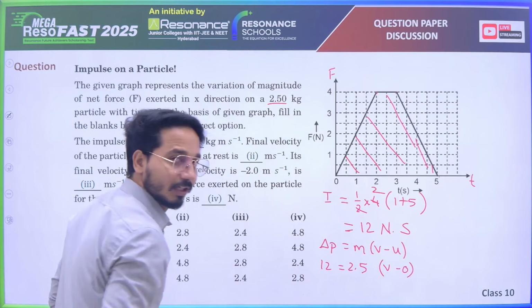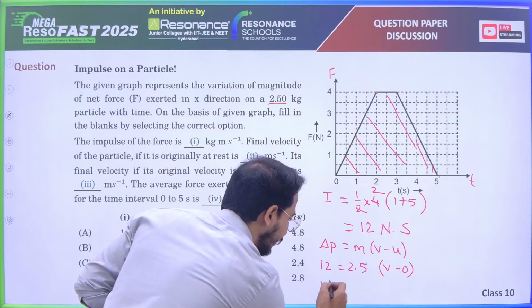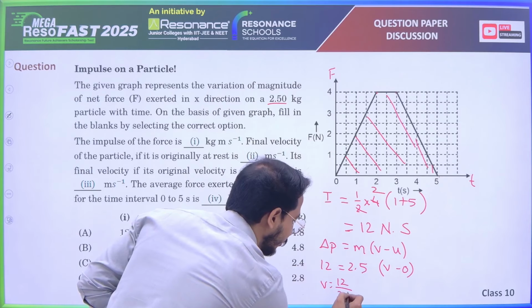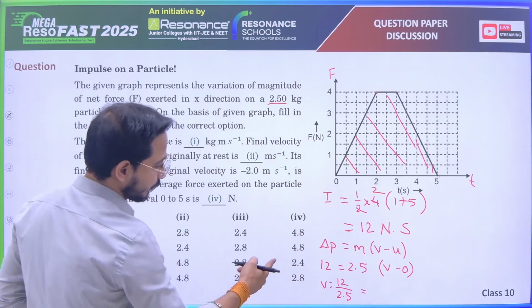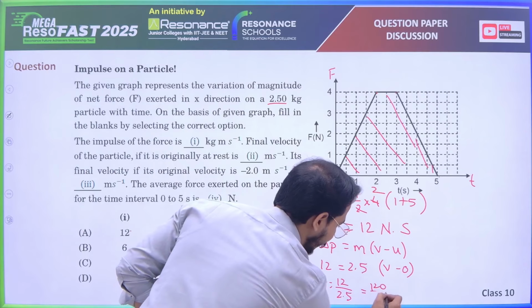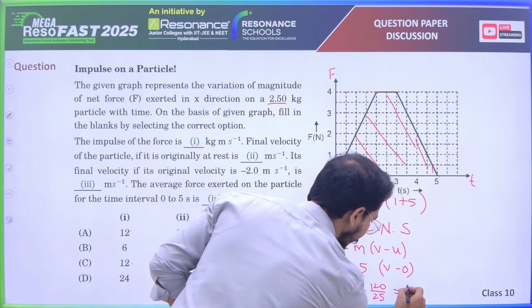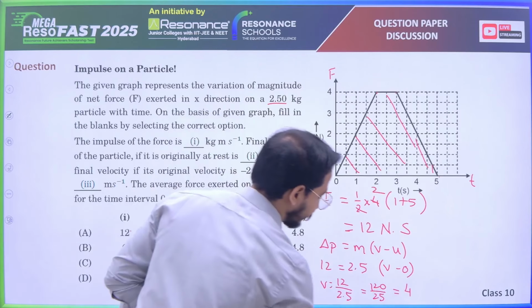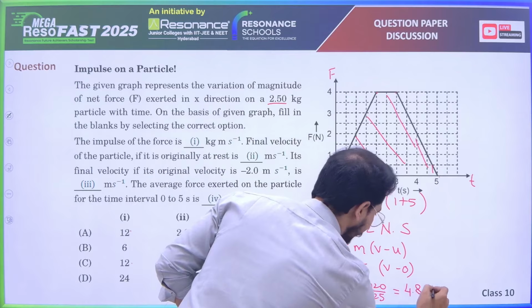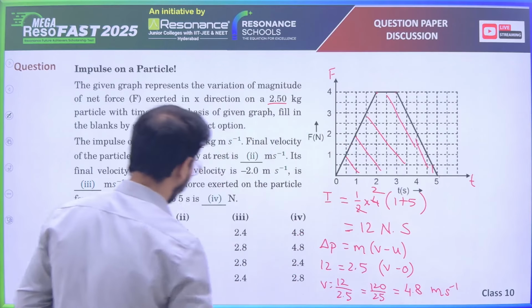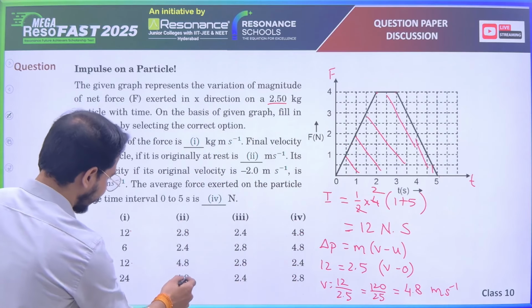So v will be equal to 12 upon 2.5. If we solve this, 120 upon 25, it is equal to 4.8 meter per second.